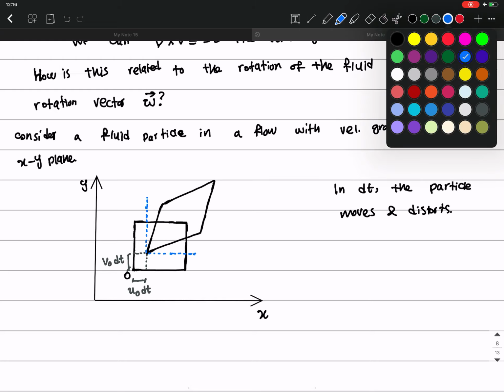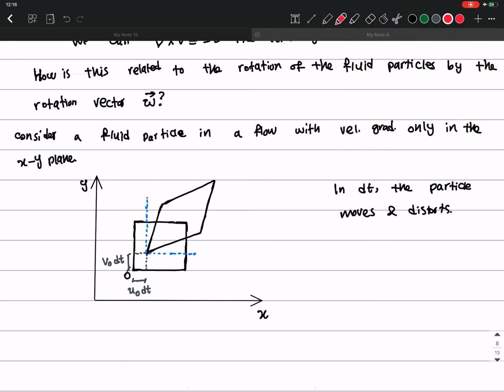These two angles: first, this much rotation here, which we call d alpha, and then this much rotation here, which we call d beta.